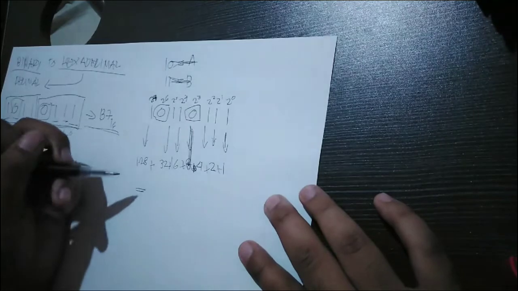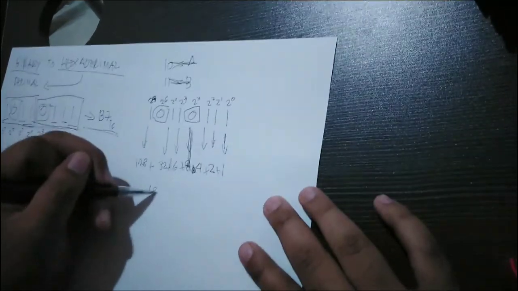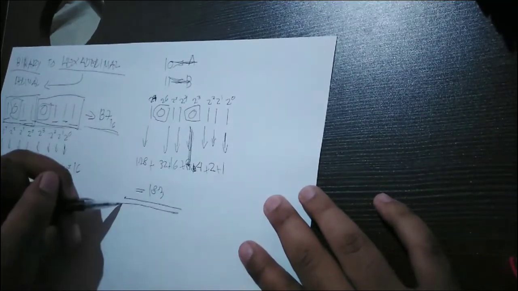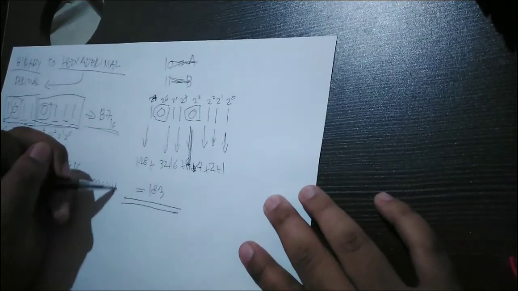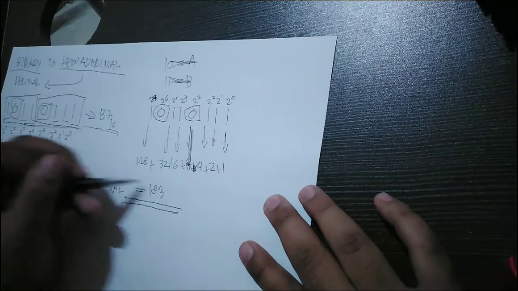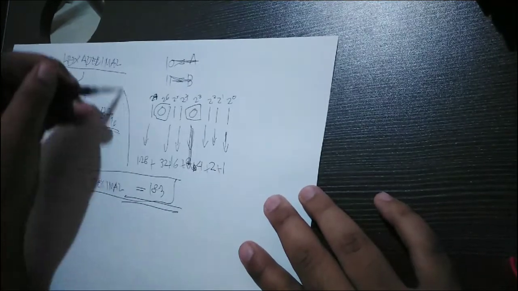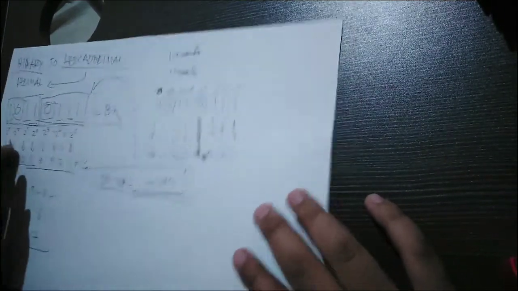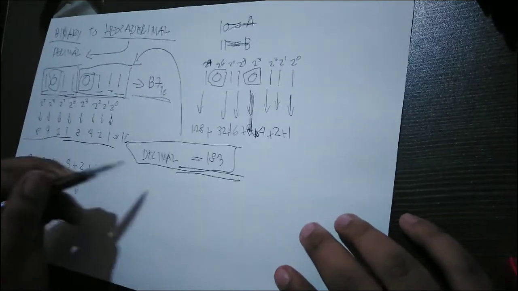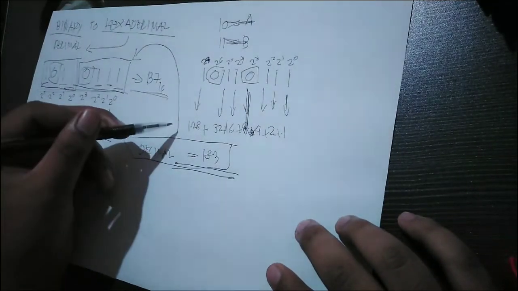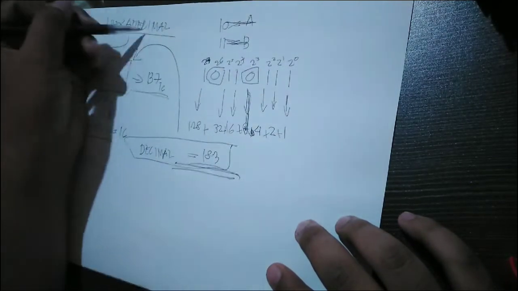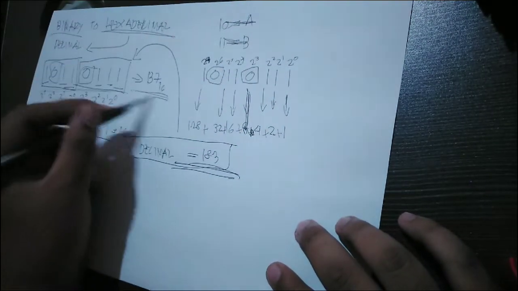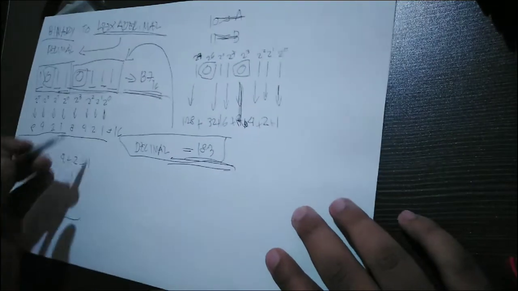That will be equal to 183. So this is the decimal number of this binary number, and we will convert it from decimal to hexadecimal to see if our answer is correct, if it's the same.